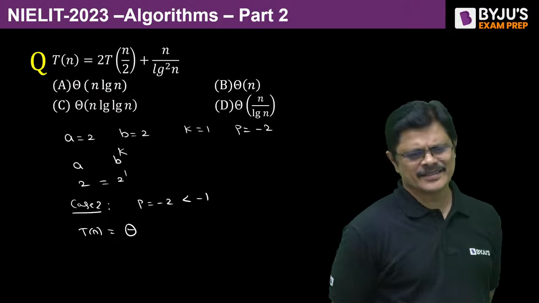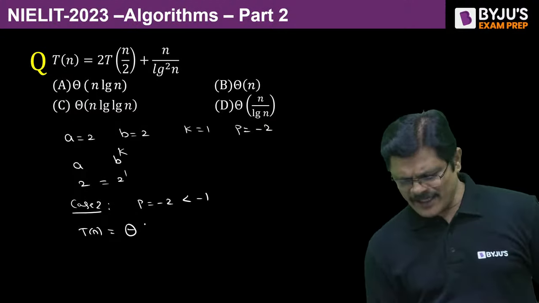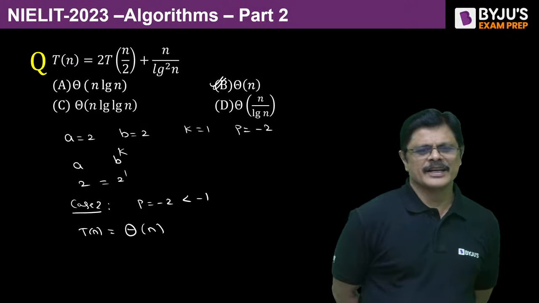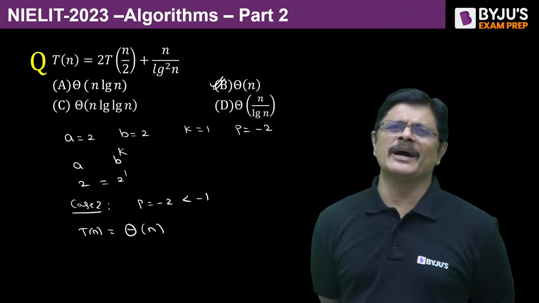So in this case, that log part is completely gone and you get theta n, my dear friends. B is the answer. Theta n. B will be the answer because that log part is completely gone.